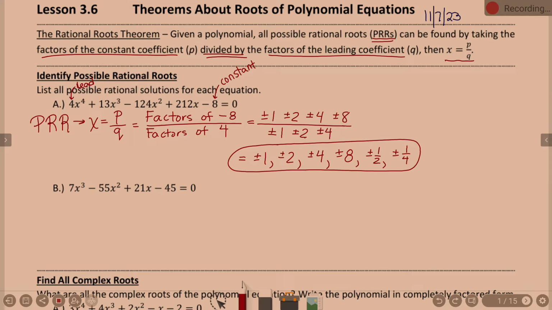But what this is saying is, as you look at a graph, these are possible solutions. We'll talk about how we're going to use this list in the next part. Whatever rational solutions, like whole numbers, fractions, decimals, are part of my answers, they are included in this list here. Okay?